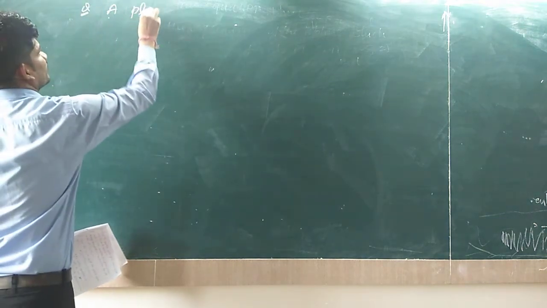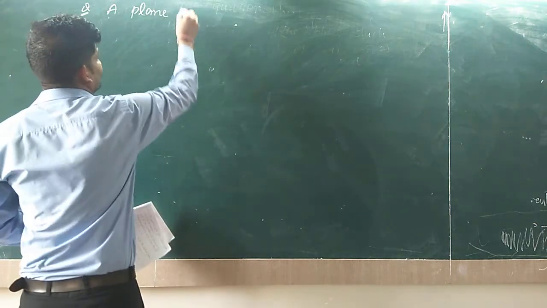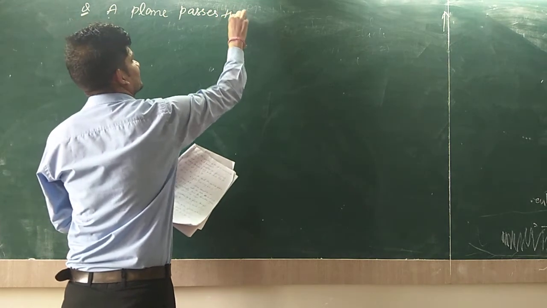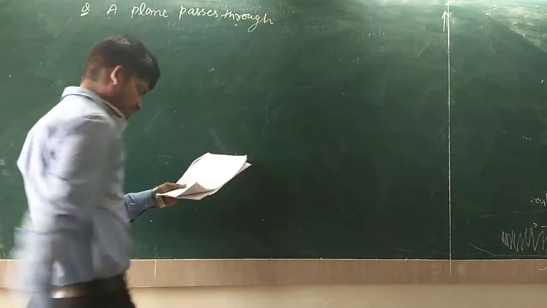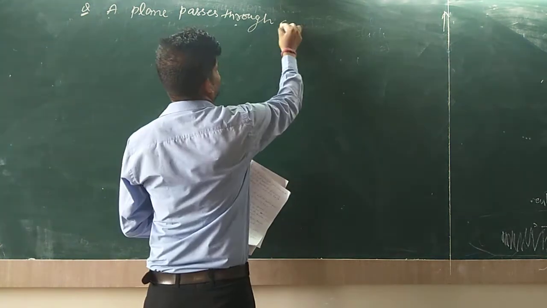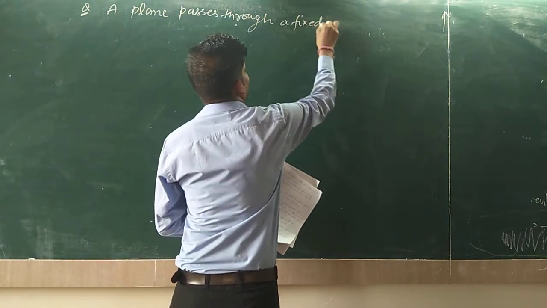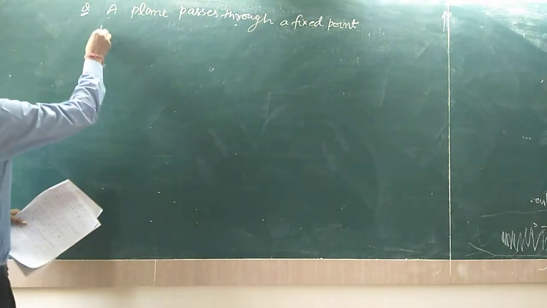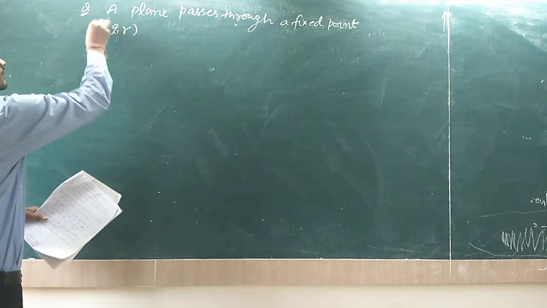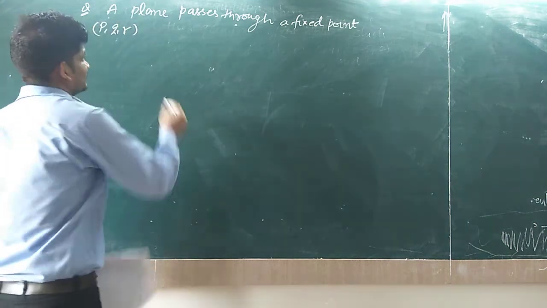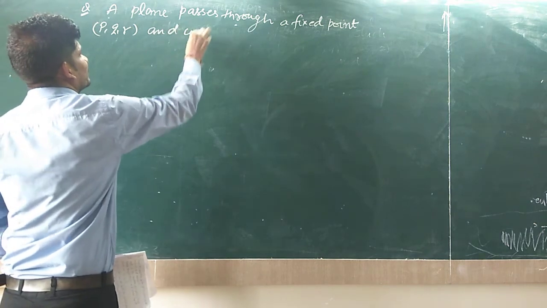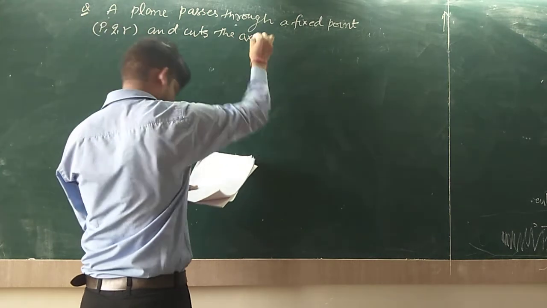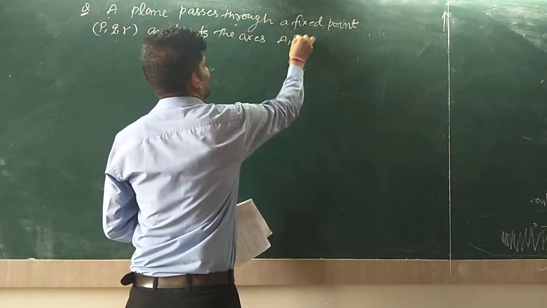a plane passes through a fixed point PQR and cuts the axes at ABC.